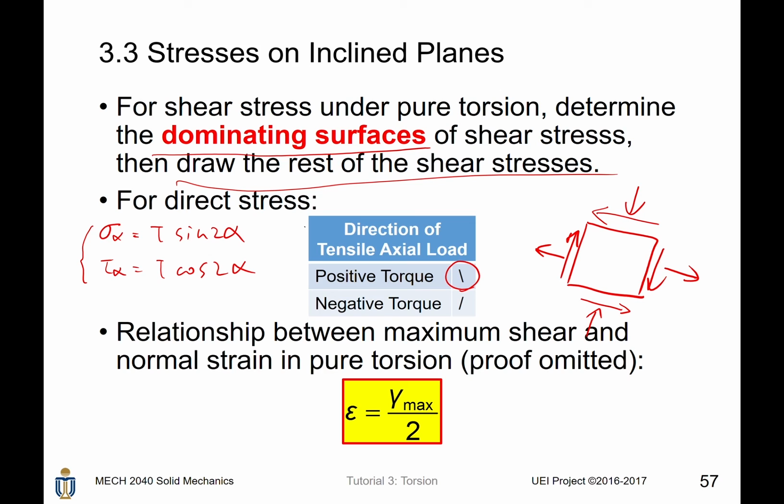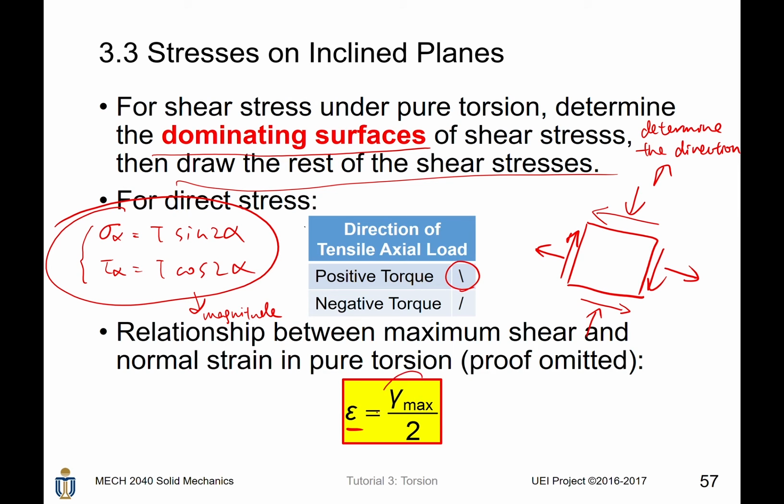So those things are just for you to determine the direction, while those 2 equations are used for you to determine the magnitude. Besides, on the textbook there is also an important conclusion. The relationship between the maximum shear and the normal strain in the pure torsion is given by the maximum axial strain equals 1/2 of the shear strain.